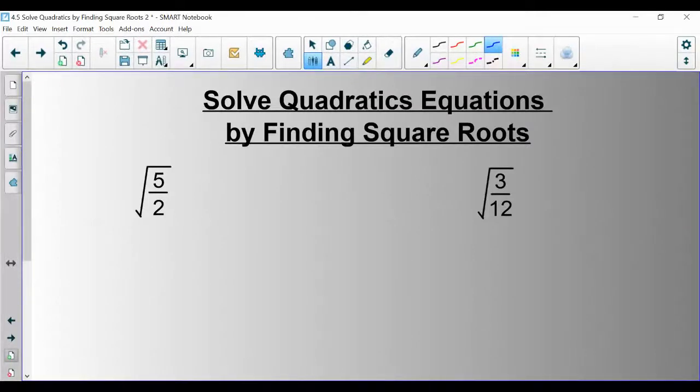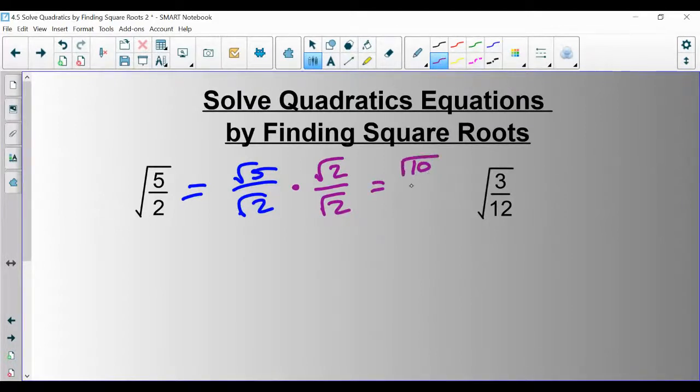Pause it here, see how you do. That would be root 5 over root 2. And the fancy form of 1, the number that's 1 but doesn't look like it, that you want to multiply by would be root 2 over root 2, which would be root 10 over 2, final answer.